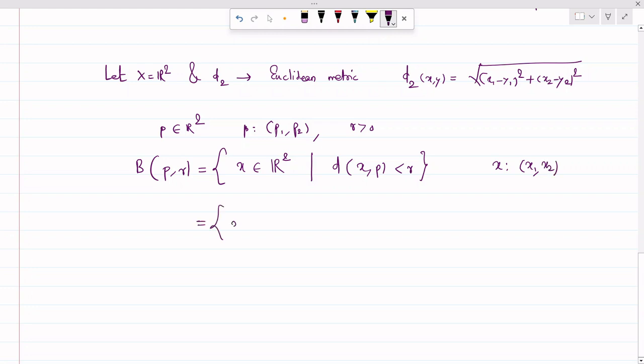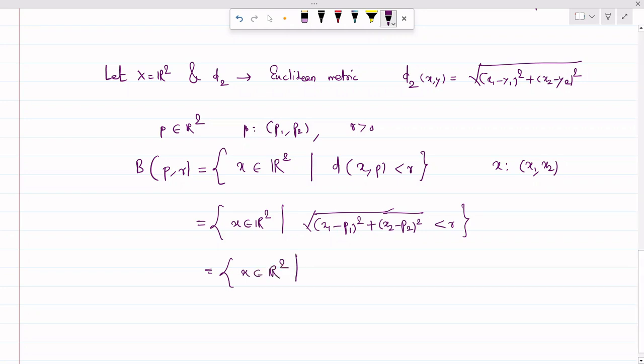That is equal to, by definition, x belongs to R2 such that d of x comma p, meaning d of (x1, x2) and (p1, p2), so by definition that is square root of (x1 minus p1) square plus (x2 minus p2) square less than r. If we simplify this further, this is x belongs to R2 such that, squaring both sides, (x1 minus p1) square plus (x2 minus p2) square less than r square.